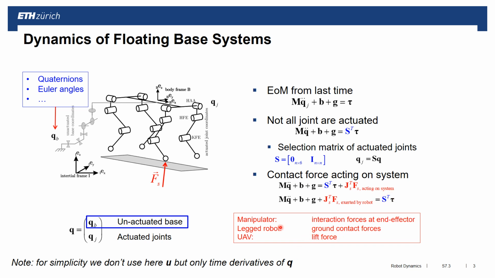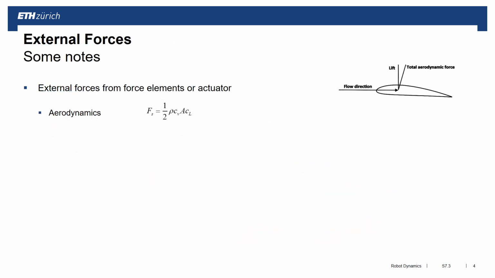And then S is in essence just a selection which selects the joints that are actuated for the legged robot, and the props which are actuated for a UAV, and so on and so forth. So these external forces, as mentioned, can come from different sources, as we will see later in the UAV and the fixed-wing sections.